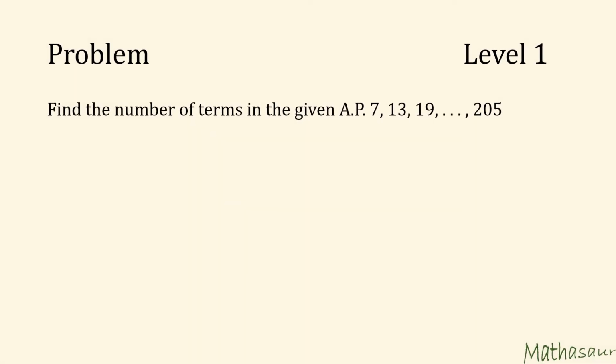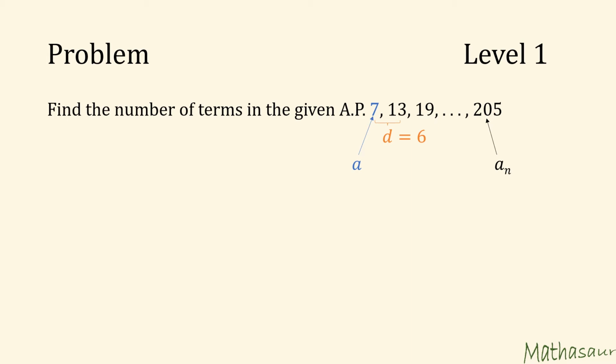Let us look at a few problems. Find the number of terms in the given AP, 7, 13, 19, and so on till 205. Now here, the first term is 7, that is a, and the last term is 205, that is an. We can also see that the common difference, which is the difference between any two consecutive terms of the AP, is 6. Now here we have to find the number of terms.